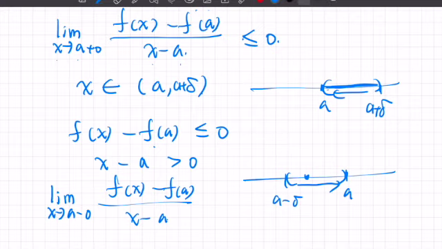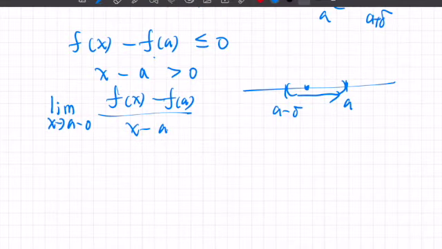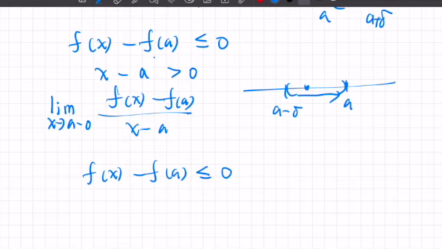So in this case, again, f of x minus f of a is still negative or 0, because f of a is a local maximum. But in this case, x minus a is negative. So that means this left limit is positive or 0.